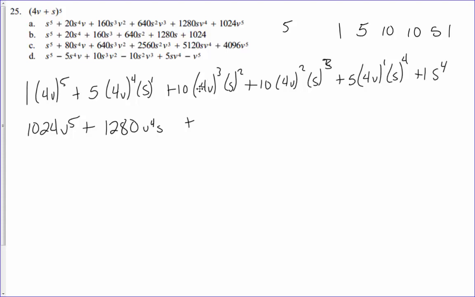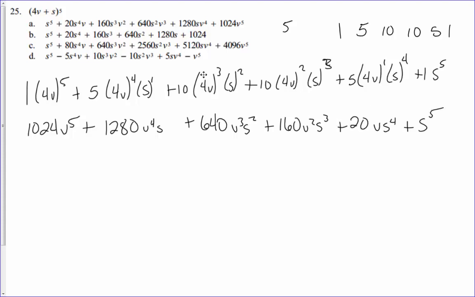Plus 4 cubed, which is 64 times 10, which is 640, v cubed s squared. Plus 4 squared is 16 times 10 is 160, v squared s cubed. Plus 4 to the 1st is just 4 times 5 is 20, v s to the 4th. Oops, I'm sorry, that's supposed to be a 5. And of course this last one is just going to be s to the 5th power.